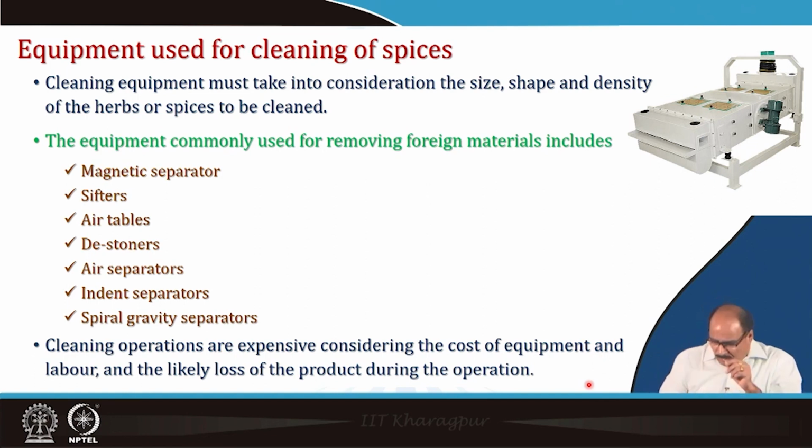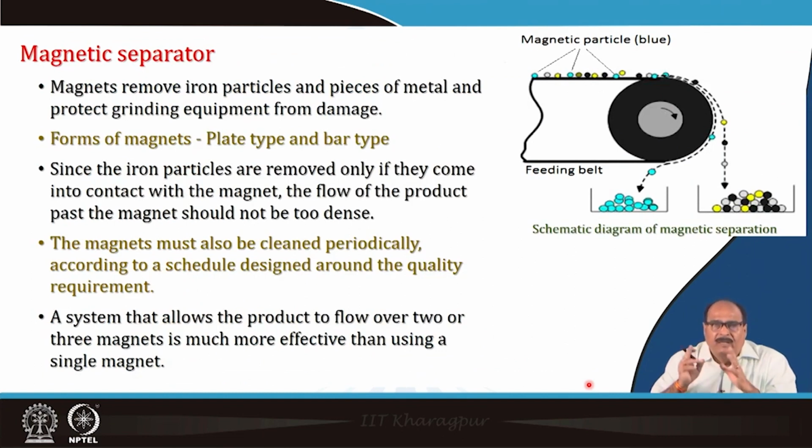So, as far as possible the operators should operate this equipment with utmost effectiveness and carefulness, to ensure minimum or no loss of the produce and that the quality attributes of the commodities are maintained. So, now let us see the principles of operation and working of some important types of this cleaning equipment, like the magnetic separator.